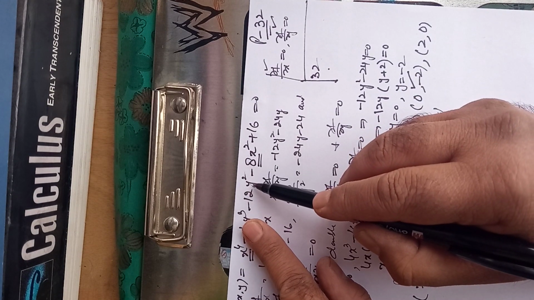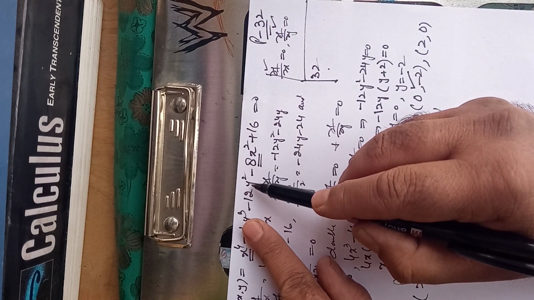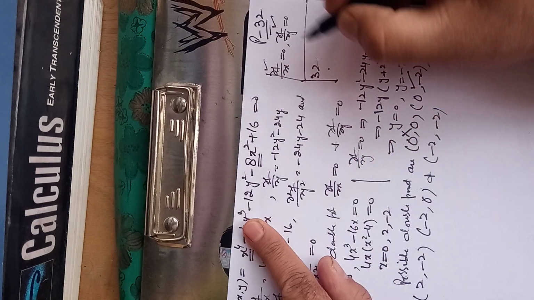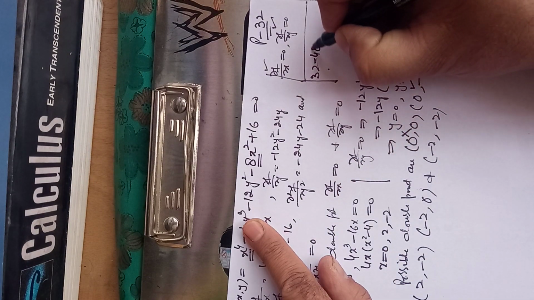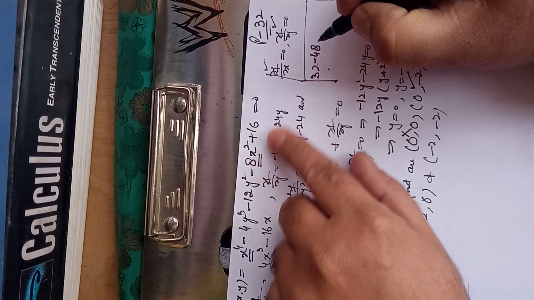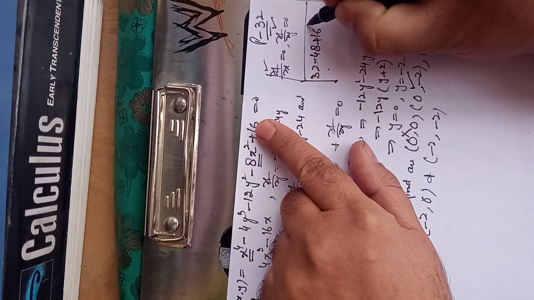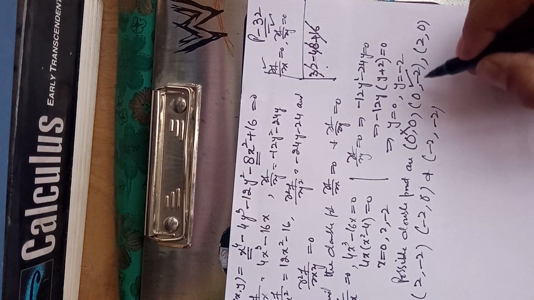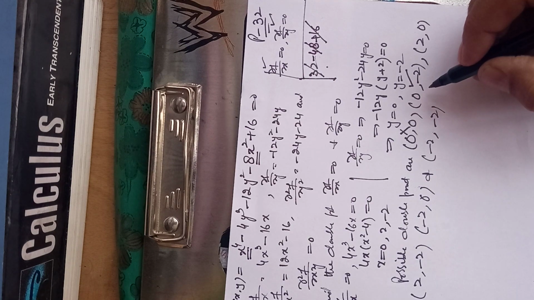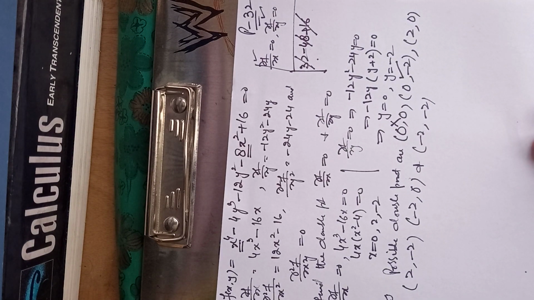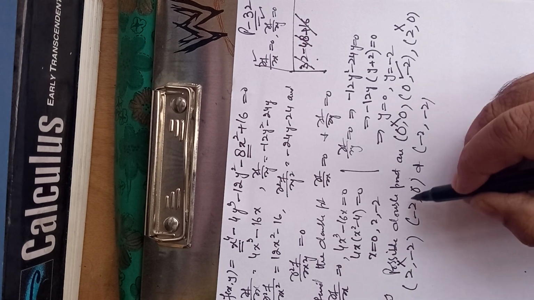Now y is −2, so (−2) whole square is 4, and 4 into 12 is 48. Now x is 0, and the constant is 16, so 32 + 16 − 48 is 0. So this satisfies it. Similarly, you can see that the others don't satisfy, but this one does.